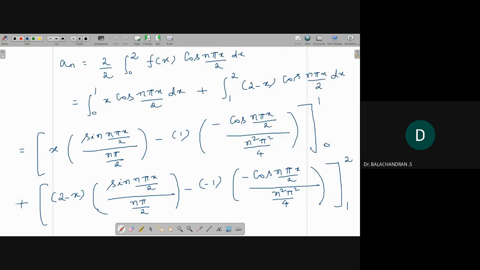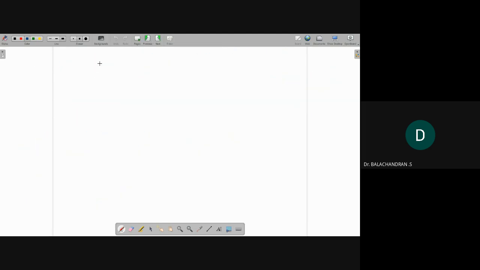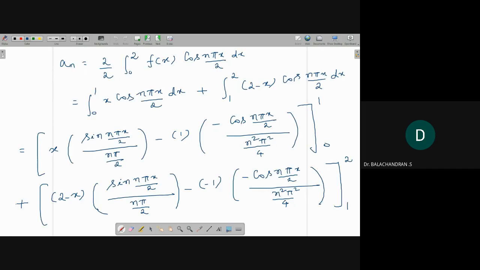So I need to simplify further. If you substitute x is equal to 1, what happened?